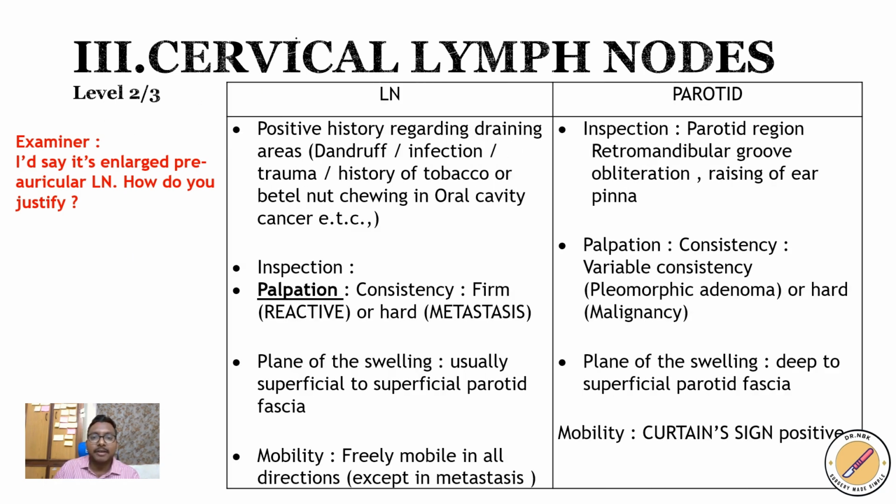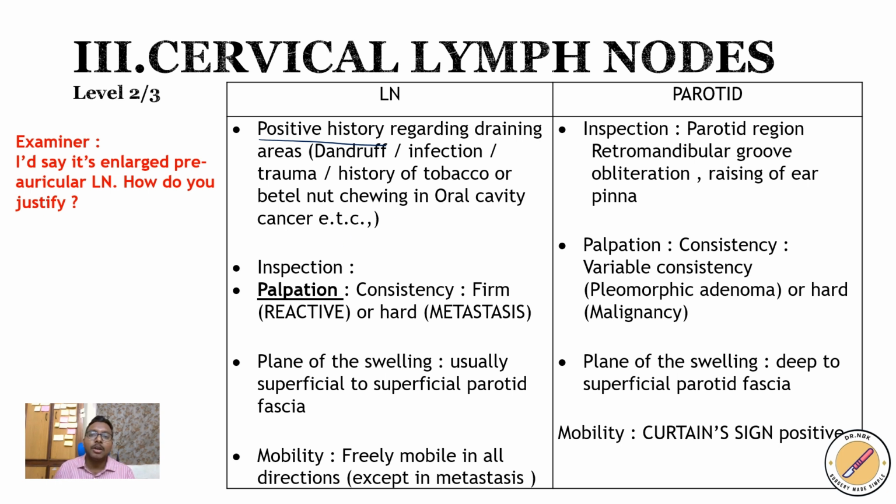So you can see here, if you think it could be an enlarged preauricular lymph node, there will be a positive history. Like the draining areas of the lymph node, there will be related history like dandruff or any infection or any trauma, history of tobacco or betel nut chewing in the oral cavity, because it will cause oral cavity cancer, which will metastasize to this particular lymph node. This will be the history.